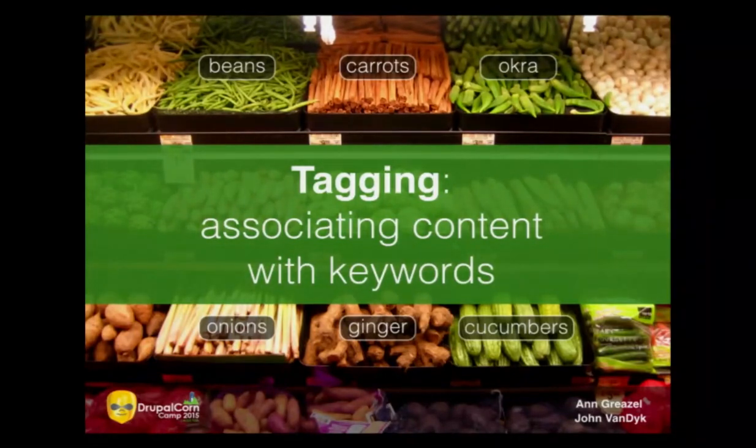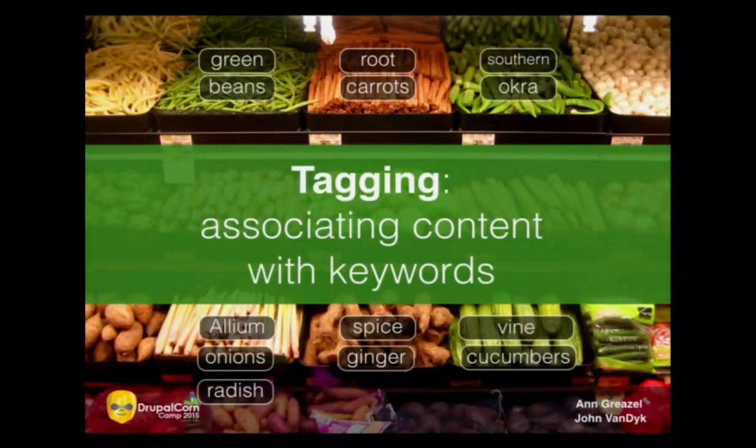But we are going with the Drupal 7 terminology, because that's what most people are implementing. And what we would say is that we are associating content with terms. There's lots and lots of different terms to describe stuff. Like we just came up with 5 or 6 terms for one little carrot, right?